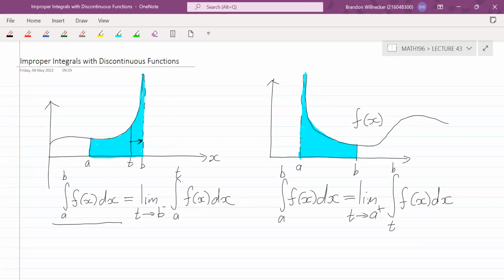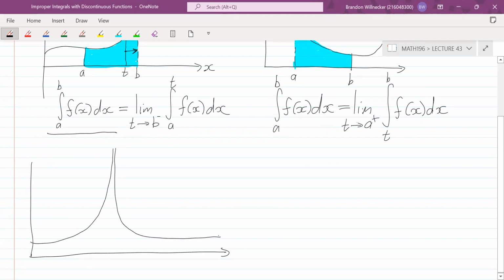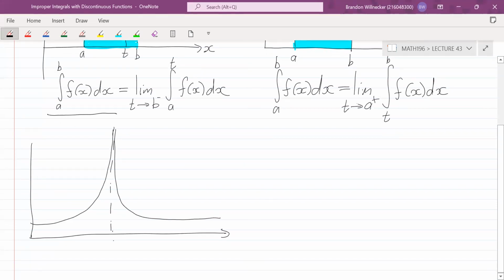Now, what happens if the asymptote is in the middle of our area? So maybe we have something like this, where we've got our function, and it does something like that. Let's say there's an asymptote at c. So now we're trying to go from a to b with an asymptote in the middle of our area. So we still want to find this area here. But there's an asymptote in the middle, so we need to take care of that.